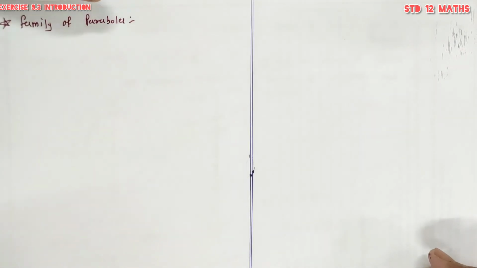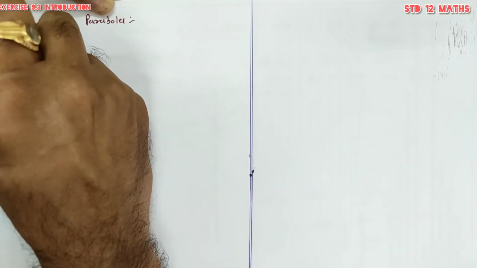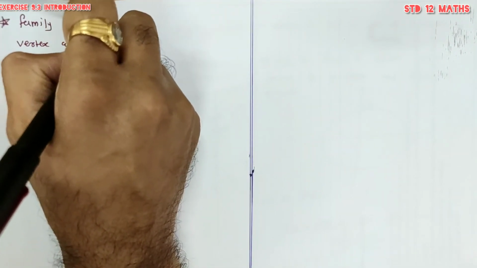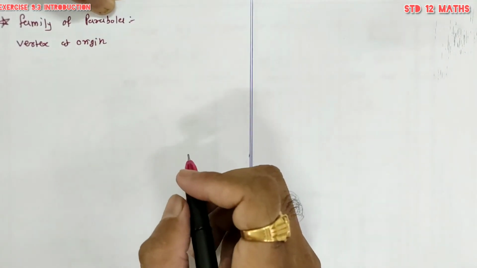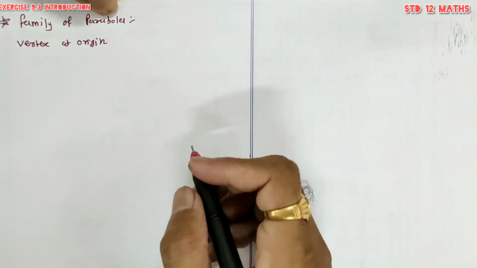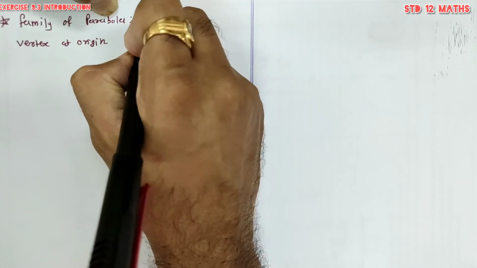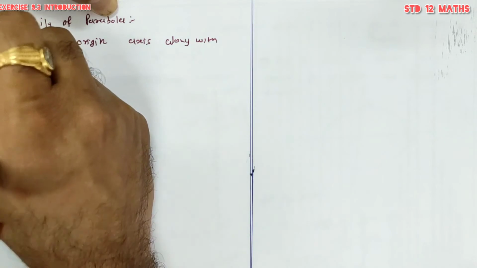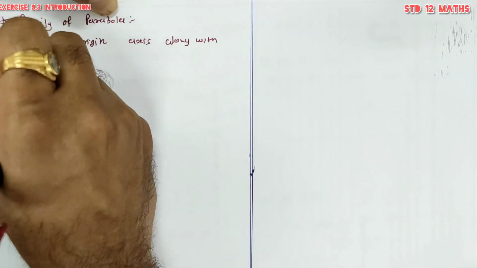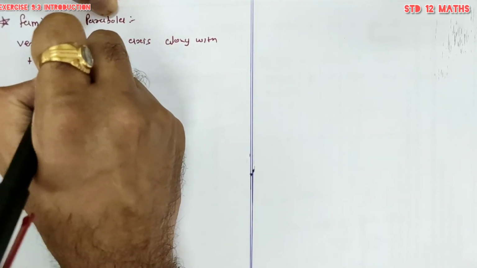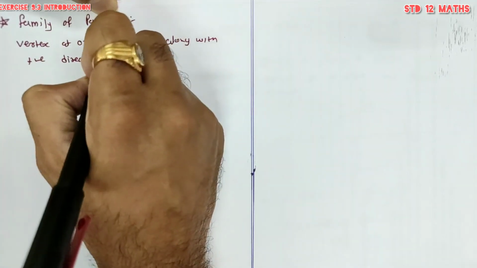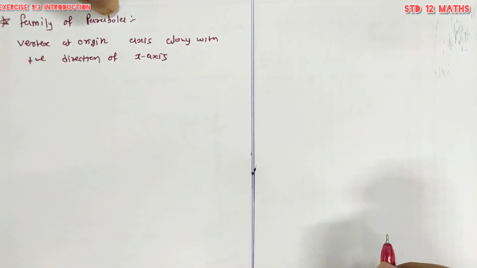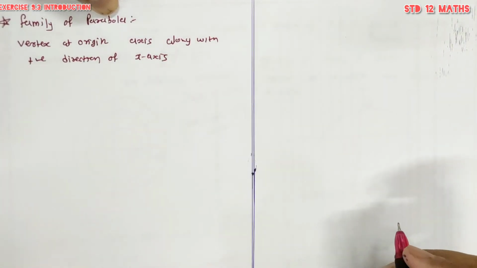Whose vertex is at the origin and axis along the positive direction of x-axis. For this family of parabola, we have to obtain the differential equation.